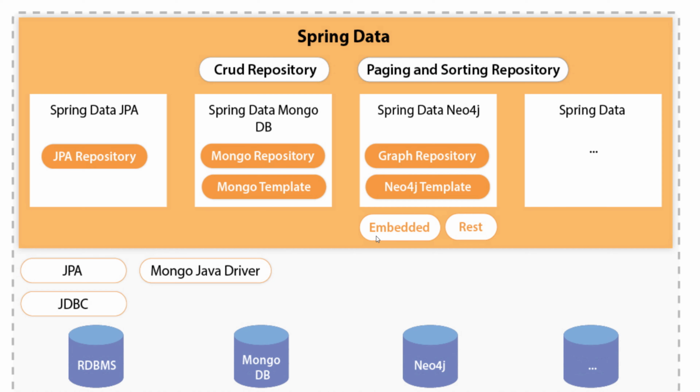Okay, and you see in this picture, Spring Data can work with SQL and NoSQL. Okay, here's the cool part. Spring Data doesn't just stick to traditional SQL databases like MySQL or PostgreSQL. It also plays nice with NoSQL databases.